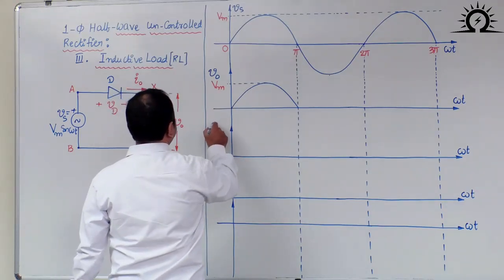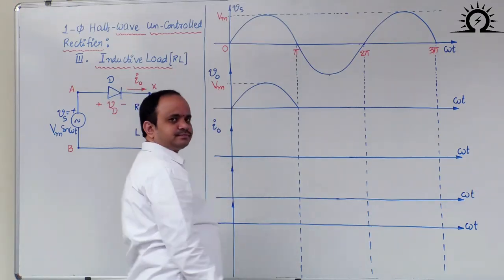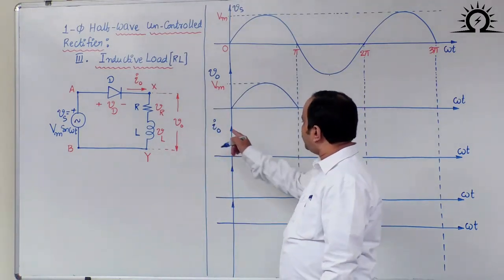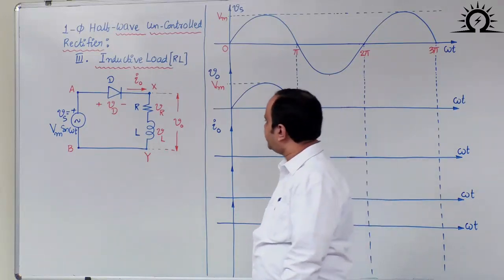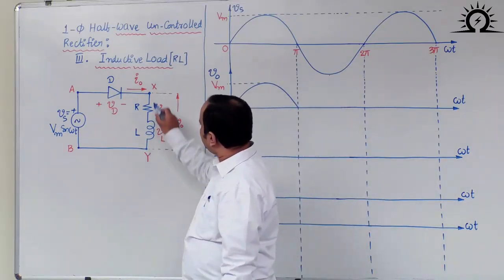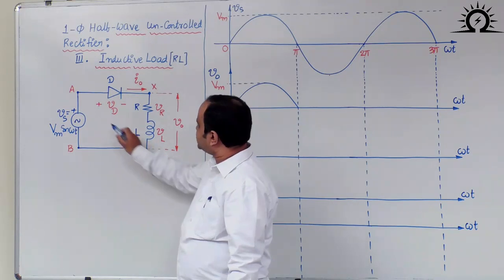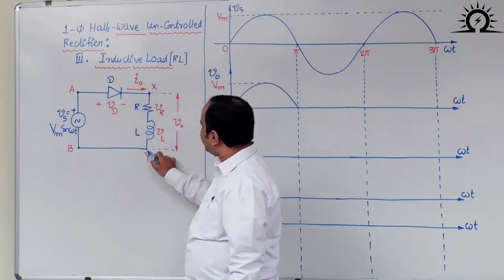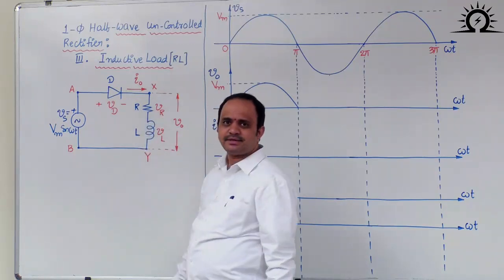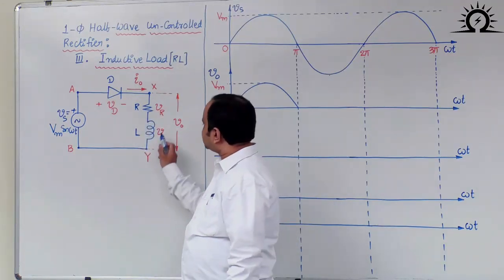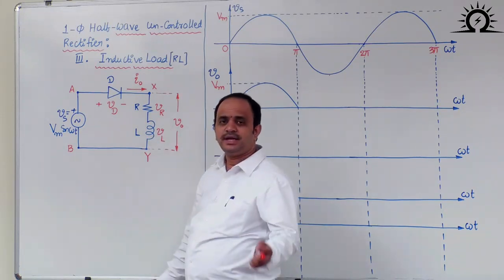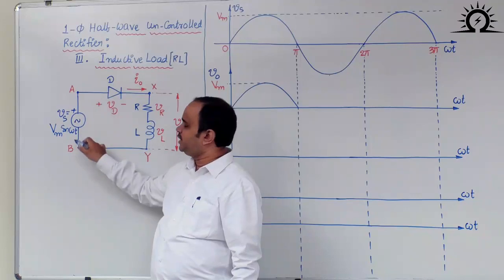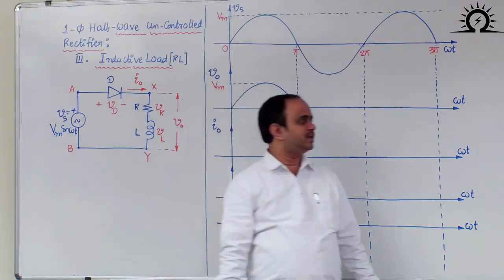The next waveform is the output current. Now, when the diode is on, just now we said that voltage across XY is the same as AB. How can you write voltage across XY? Voltage across resistor R into I naught plus voltage across inductor L into di by dt. That summation is equal to Vm sin omega t. Let us write it down here.